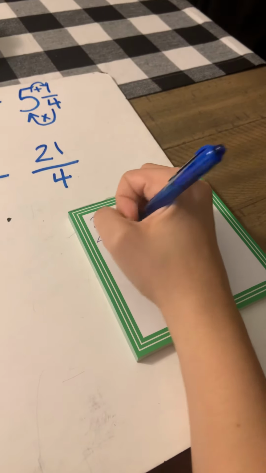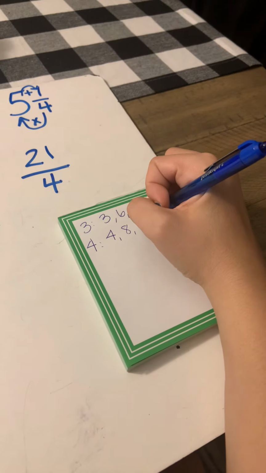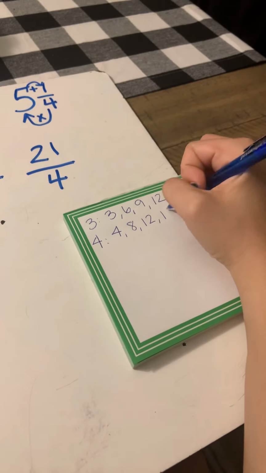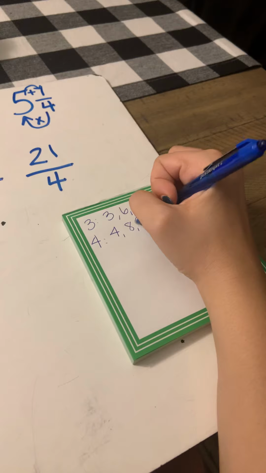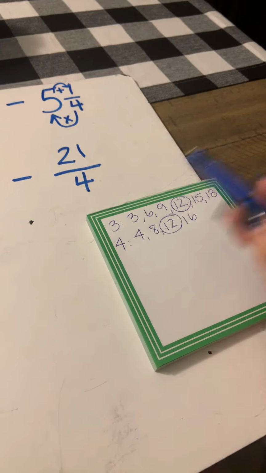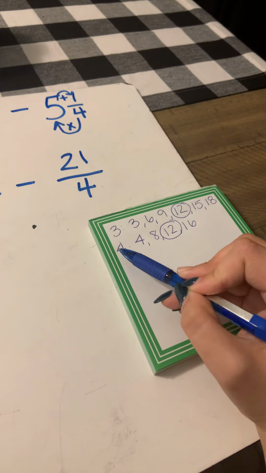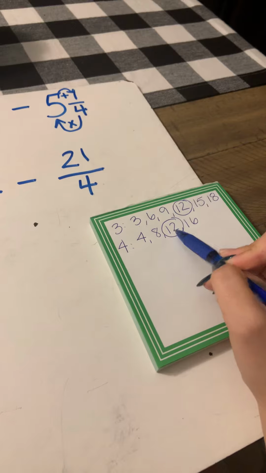Multiples of 4: 4, 8, 12, 16. So boom, we see a common multiple. It's going to be 12, because 3 times 4 gives us 12, and 4 times 3 gives us 12.